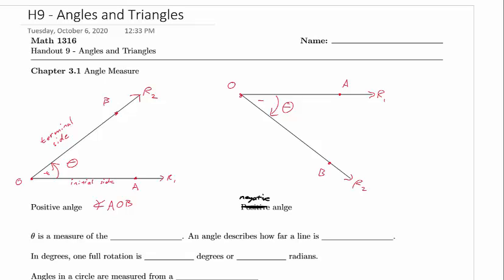And again, we've got our initial side and our terminal side. And we would call this angle AOB as well. Note that we start off with the point that's on the initial side, and then we end on the point that is on the terminal side.